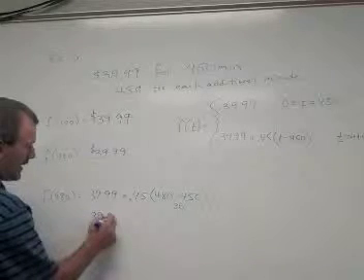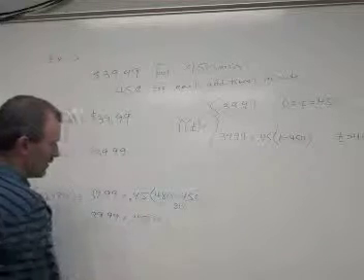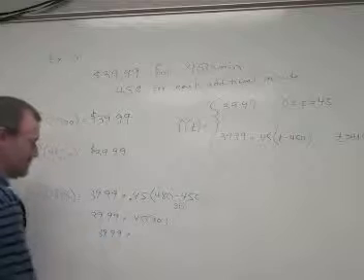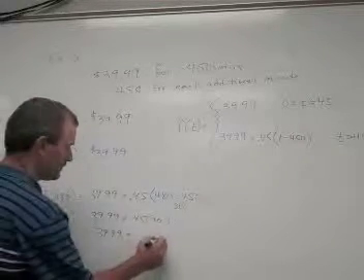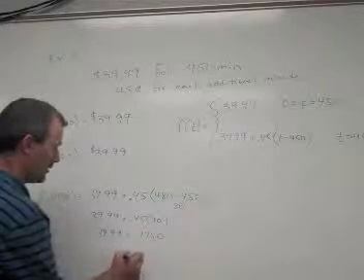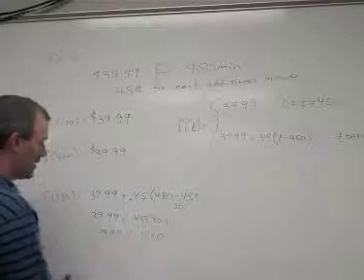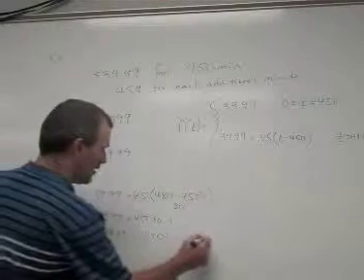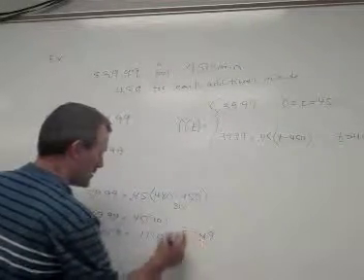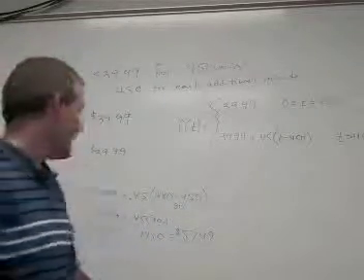So $39.99 plus 0.45 times 30, okay, $39.99 plus, and if we multiply this out, looks like $17.50 more. So that gives us a total of $57.49 that we are going to have to pay if we use 30 minutes more at that rate.